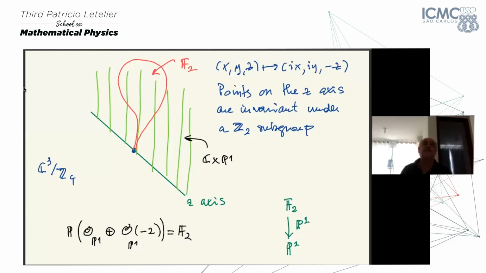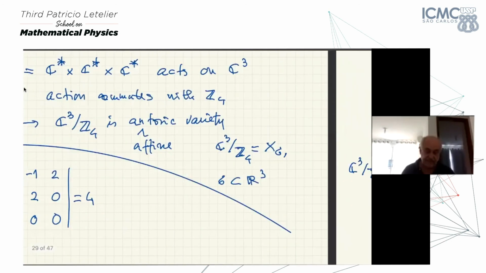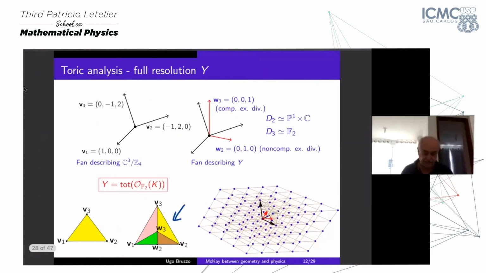And when the number is positive, you get a nontrivial fibration, which is called the nth, if the number is n, Hirzebruch surface. Okay. So in particular projective and in particular, compact complex surface. So this is what we get in our case, in our guiding case of C3 modulo Z4.